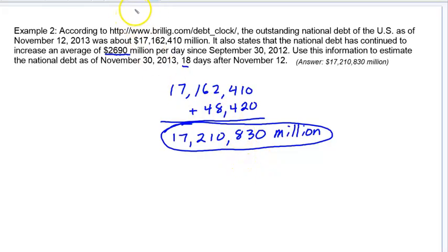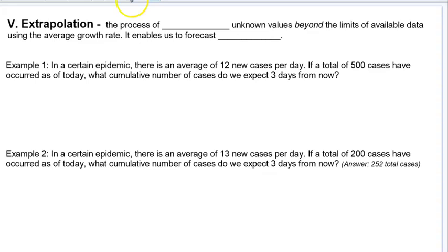So those are some interpolation examples where we're interested in coming up with estimates of data in between given data. And then we have extrapolation, where the prefix inter means between, extra means outside of or beyond. So that's what extrapolation is.